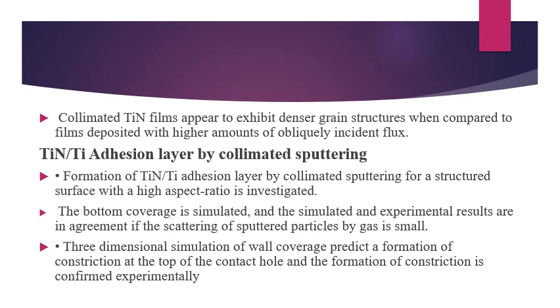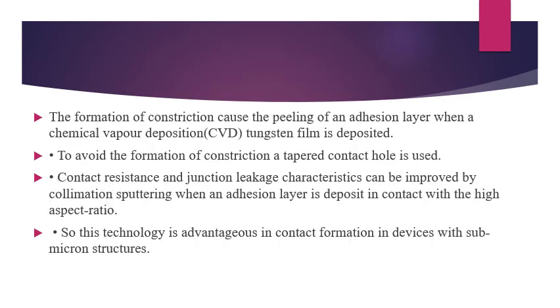Three-dimensional simulation of the wall coverage predicts a formation of constriction at the top of the contact hole, and the formation of constriction is confirmed experimentally. Formation of constriction causes peeling of the adhesion layer when a chemical vapor deposition tungsten film is deposited. To avoid the formation of constriction, a tapered contact hole is used.